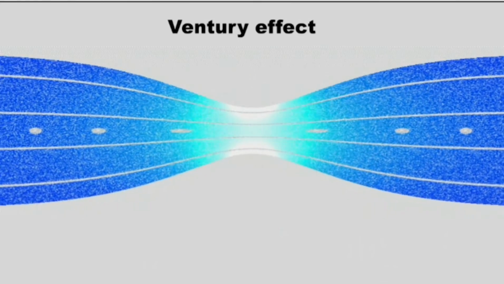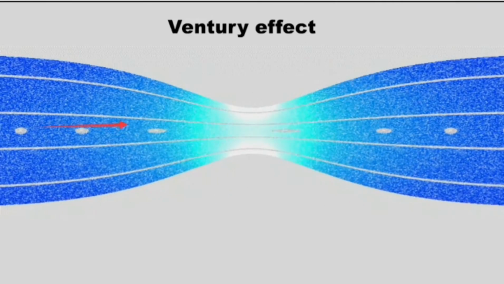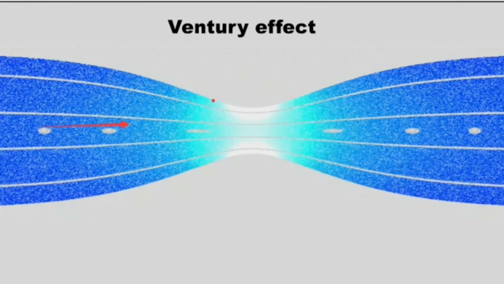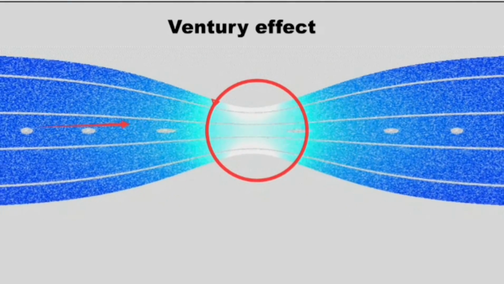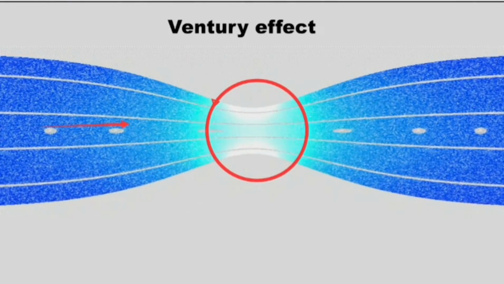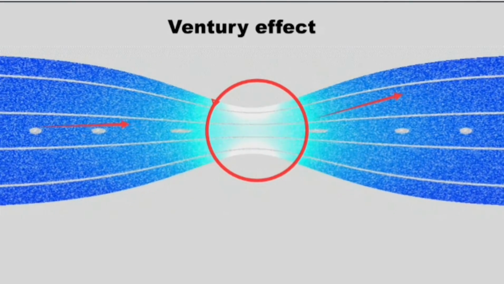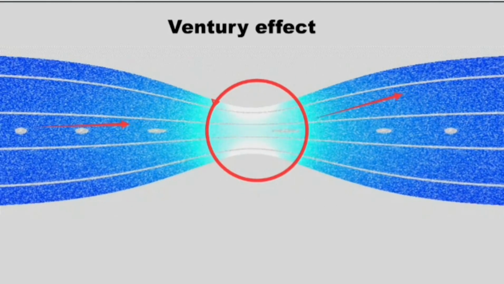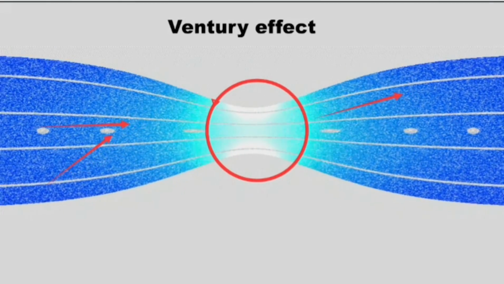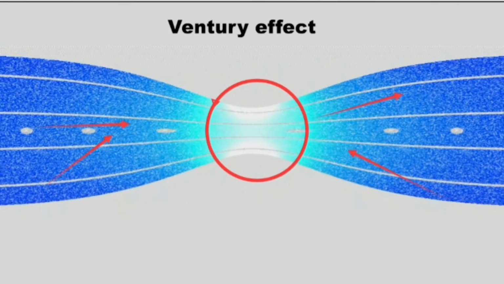Now, in the Venturi effect, the fluid entering this region passes through the narrow region and then comes out across this region with high speed and low pressure. Here pressure is high, speed is low. Here pressure is low, speed is high.